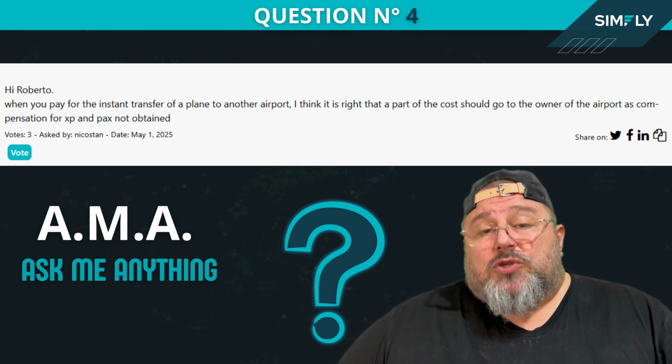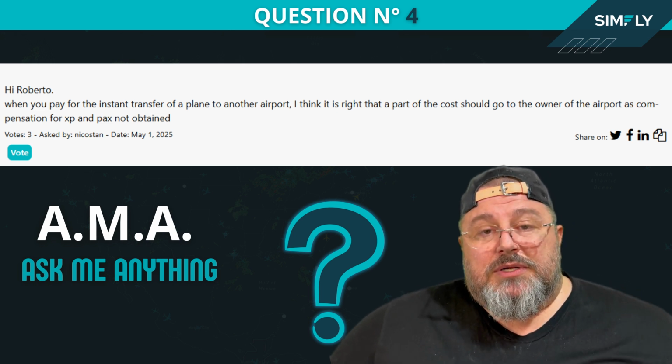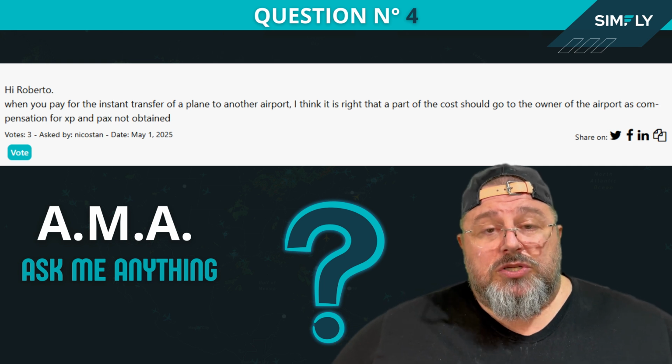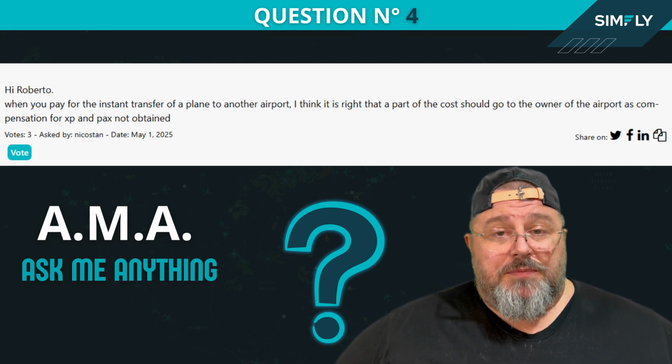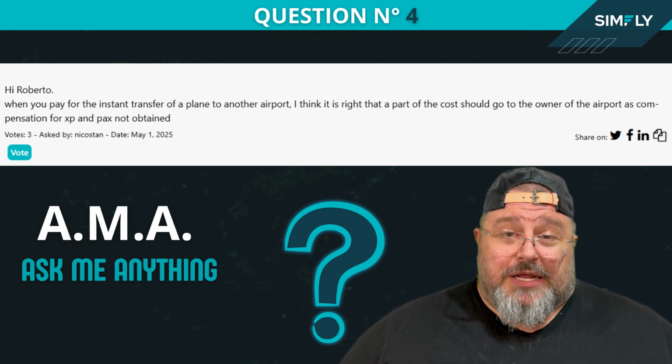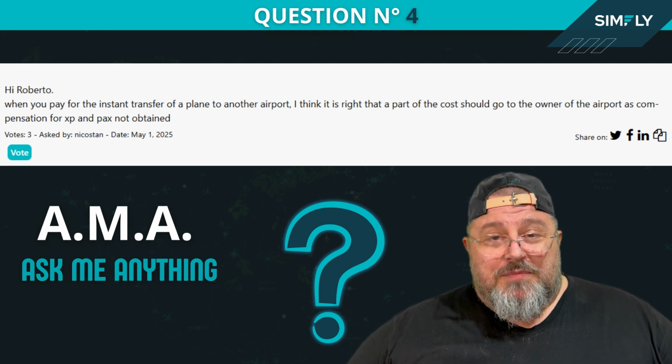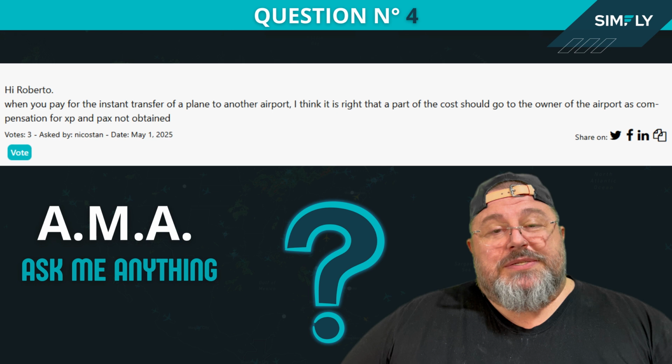Nicholas, this is true. It's something that we've been reasoning about a lot. At the moment, the transfer of an airplane from one airport to another is free. But as soon as it's enabled that people need to pay, it's really a symbolic amount, just a few cents of a PAX.